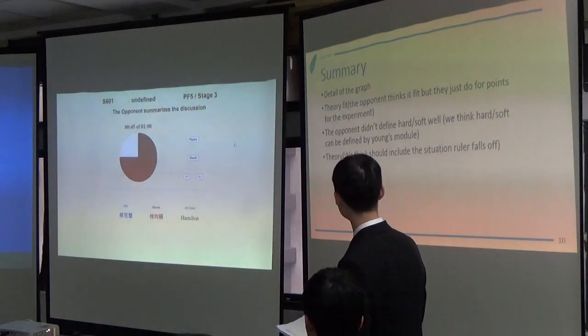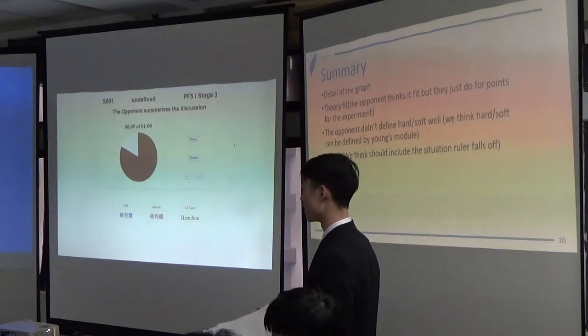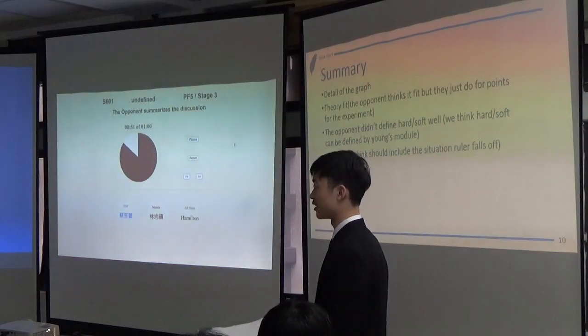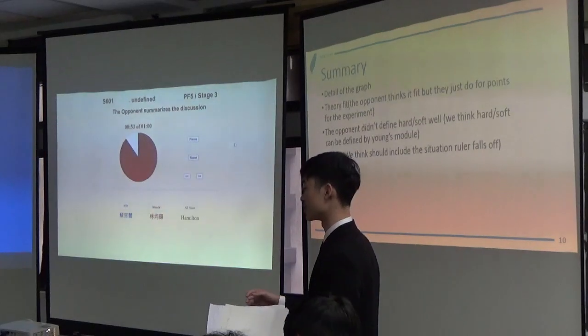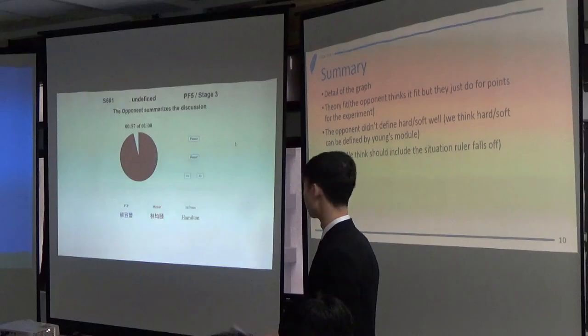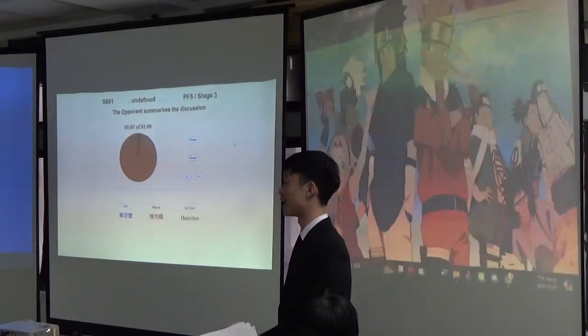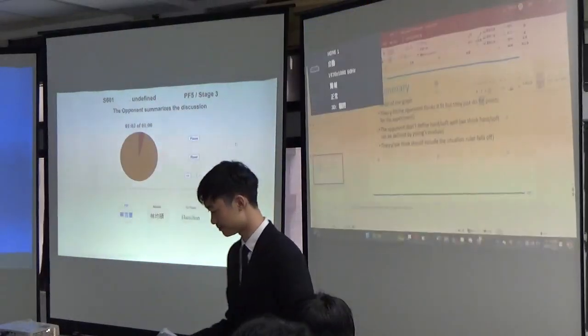And the opponent did not define hard and soft well. We think that they should do a quantitative analysis on the rigidity of the ruler. And in theory, we should include a situation where the ruler just flips off, not just sliding down. Thank you.